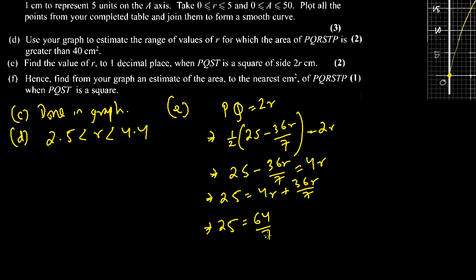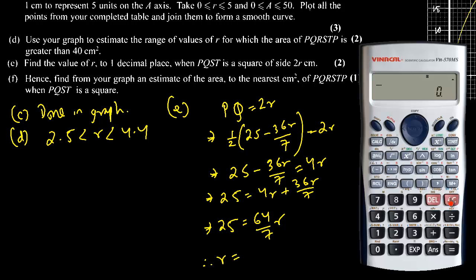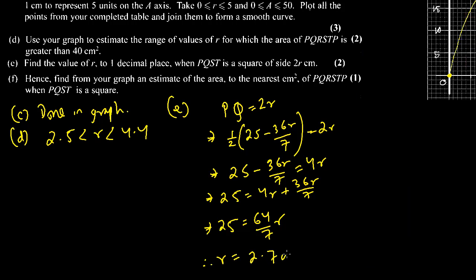So 64 by 7 R. Therefore, R equals 25 divided by 64 by 7, and that is 2.73. They told us to write down the answer in one decimal place. So it would be 2.7 centimeter. It might seem tricky because we are expecting to use the graph, and they said just find it. So this is simple algebra. It's not using the graph, so it might seem different.